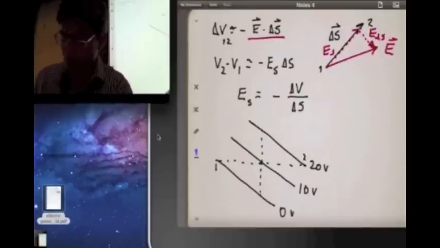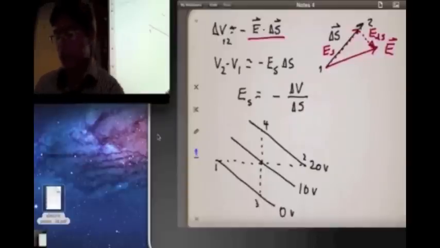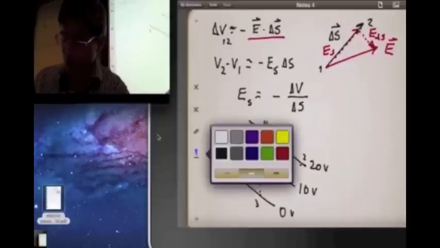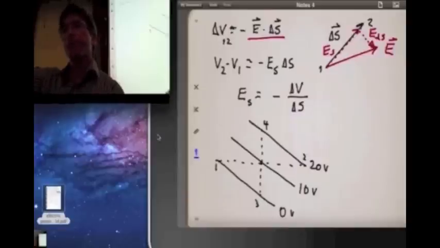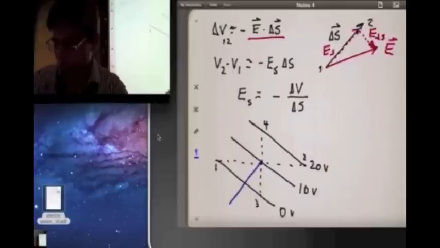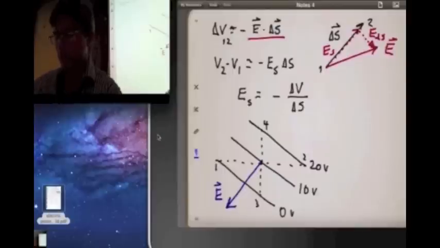So what we did before was to define these points, 1, 2, 3, and 4. I'm not going to do that. What I'm going to do is use the fact that the electric field is perpendicular to this equipotential, and I know that it should be going from high potential to low potential. It's just like a river flowing from high ground towards low ground, right? So I know that the electric field should be pointing in this direction, perpendicular to the equipotential and from high to low.